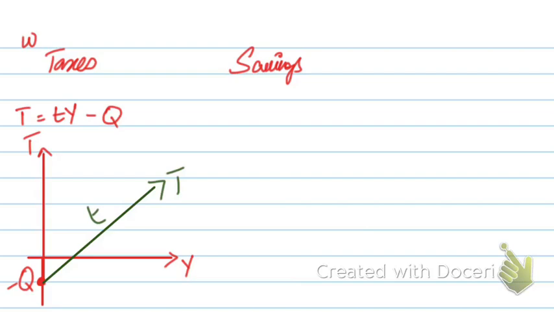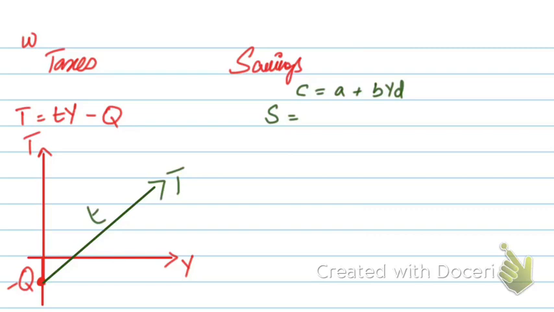Savings, on the other hand. Now when we were talking about consumption, it was A plus B YD, right? So let's look at it from this point. Consumption is A plus B YD, right?